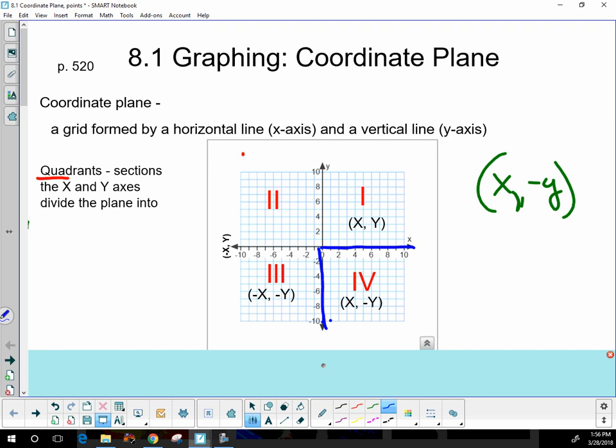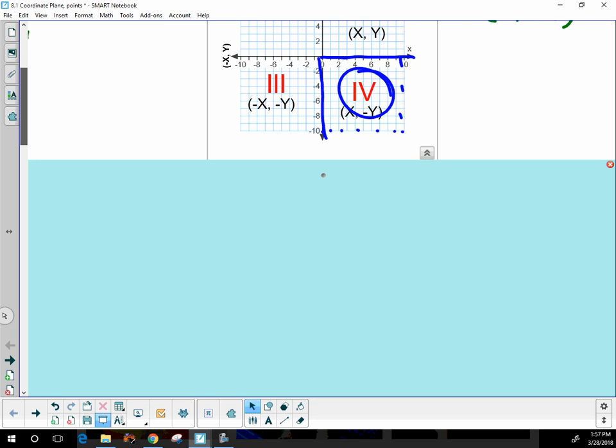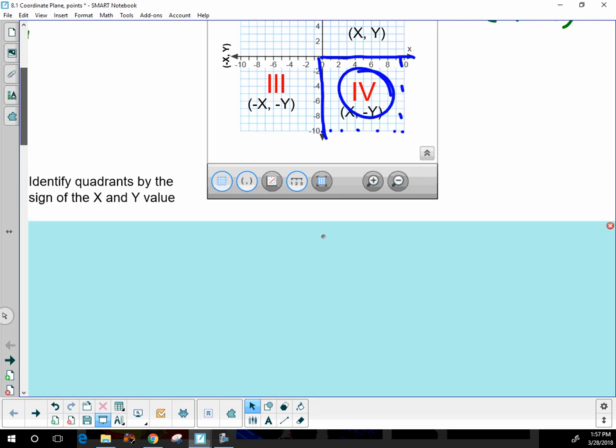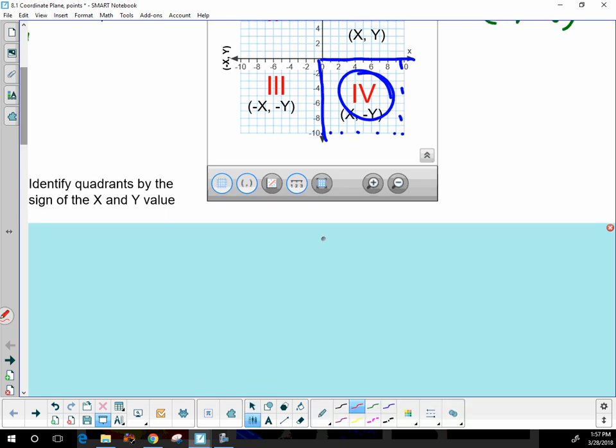So if I were to make a little square, it would be this way. So it has to be in quadrant 4. Okay, so we're just going to identify 1, 2, 3, 4. That's what it says over here. Identify the quadrants by the sign, whether it's positive or negative, of the x or y values.